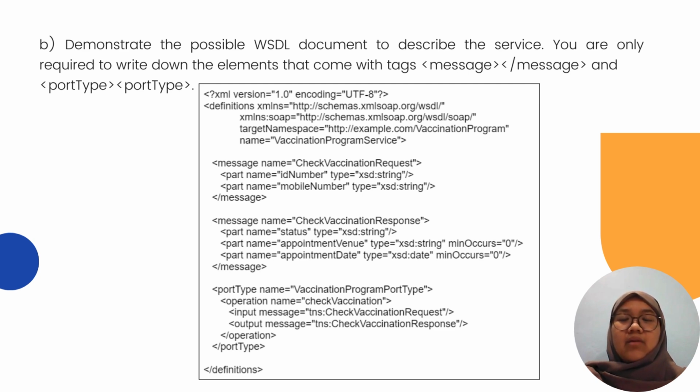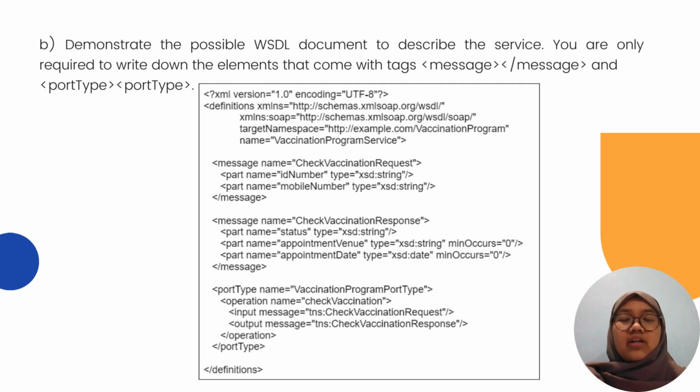A port type element for VaccinationProgramPortType, which includes an operation element called checkVaccination. The checkVaccination operation includes an input message, which is checkVaccinationRequest, and the output message is checkVaccinationResponse.